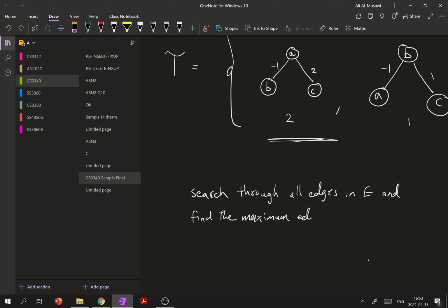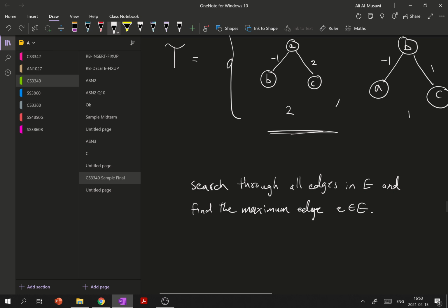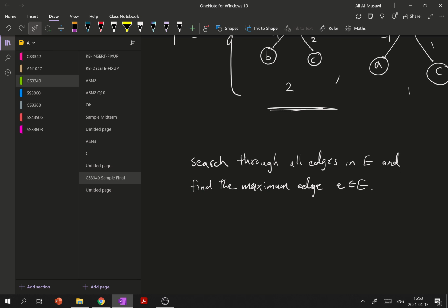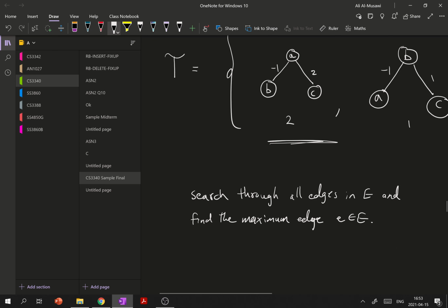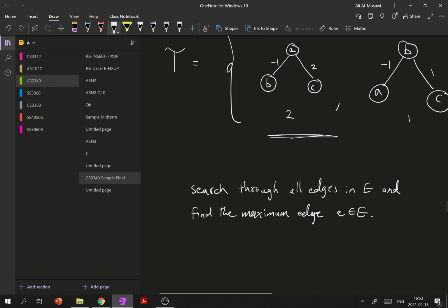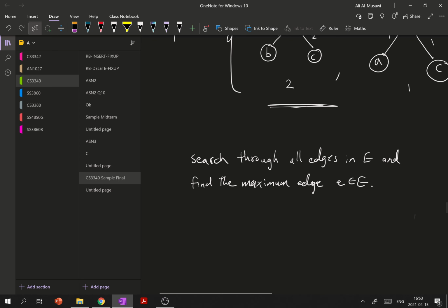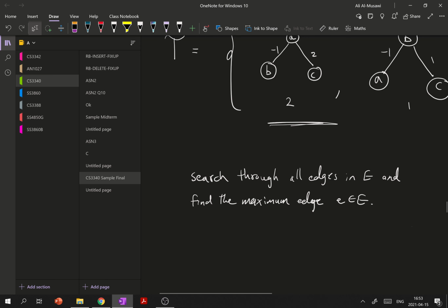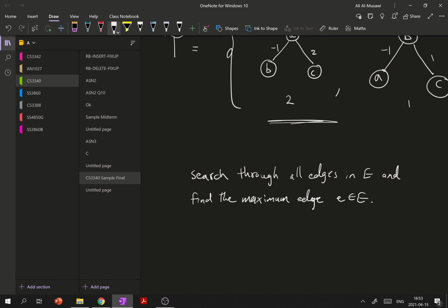So the idea is you do a linear search, okay? Once you've found this edge, all you need to do is include it and then do a DFS tree. A DFS tree can be done in linear time as well.